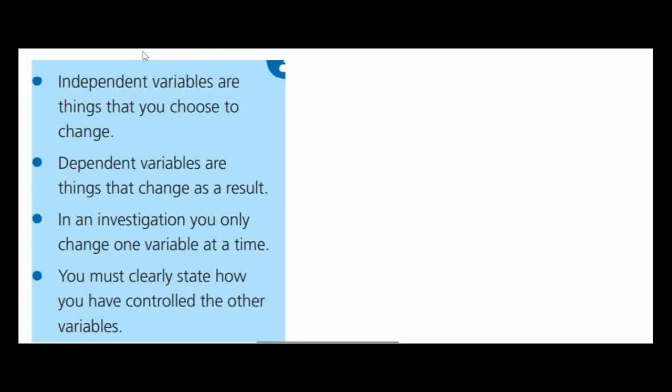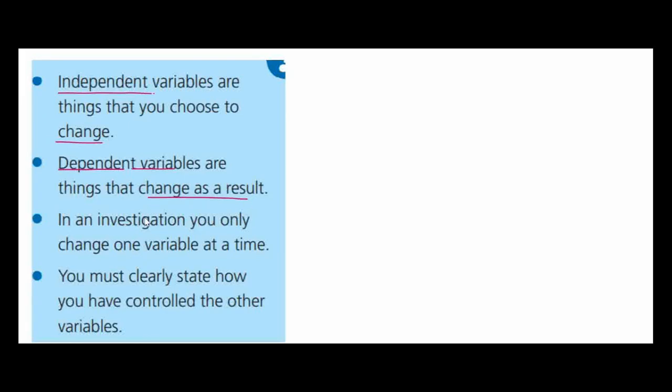The independent variable is the thing that you choose to change. In that experiment, Desi changed the concentration of acid because she wants to investigate the effect of acid concentration on the rate of reaction. Next, the dependent variable is the thing that changes as the result. So the thing that we observe or measure in that experiment is the volume of gas per unit time.